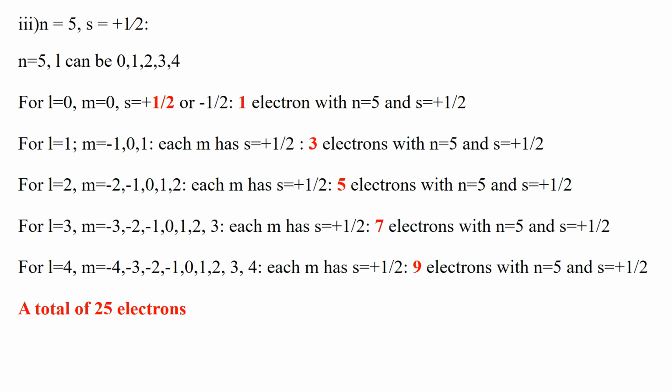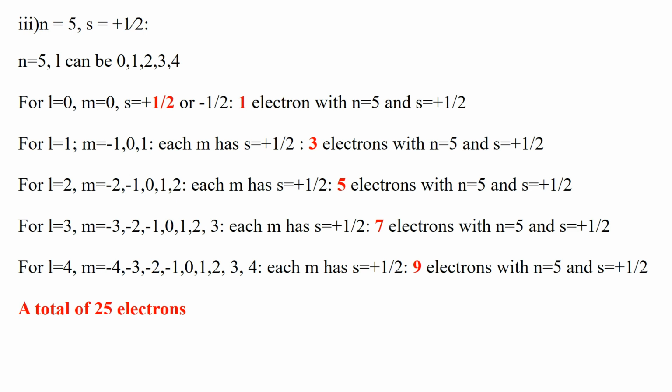With N is equal to 5, L can be 0, 1, 2, 3, and 4. Then for L is equal to 0, M is equal to 0, S is equal to plus 1 over 2 or minus 1 over 2. Meaning that you have 1 electron with plus 1 over 2, because another one will be minus 1 over 2. For L is equal to 1, we have different values of M. And each M is having 2 electrons, one spinning in plus 1 over 2, another one spinning in minus 1 over 2.